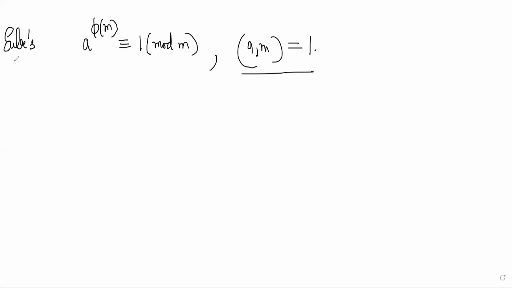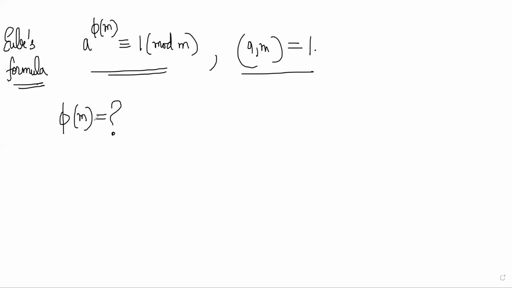This is understood, how it has come and all. So this is a useful result, but the problem is that we can't use it much unless we know the value of phi of m properly. We need to be able to find phi of m. Then only we'll be able to use this result.